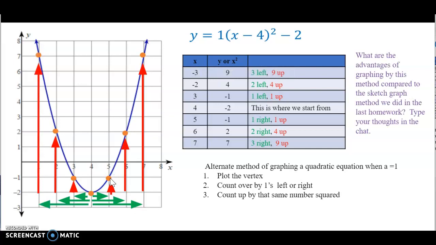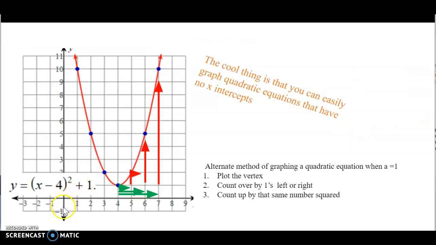Okay? So you might be asking, what's the advantage of using this method? Well, this is simpler in many ways. There's no calculations involved. And it is especially handy when you don't have x-intercepts. Some functions will not cross the x-axis because they're not factorable.